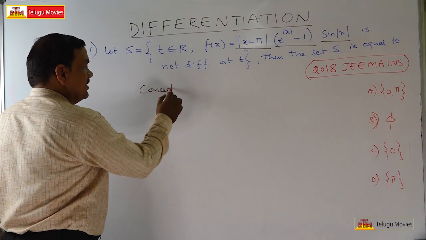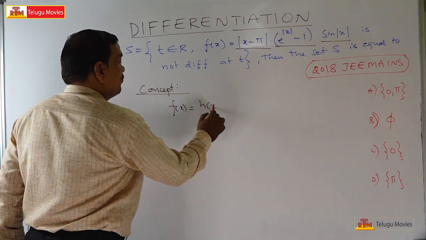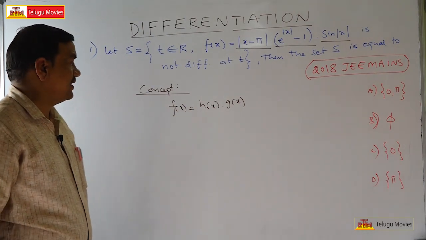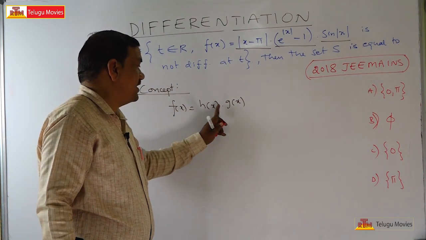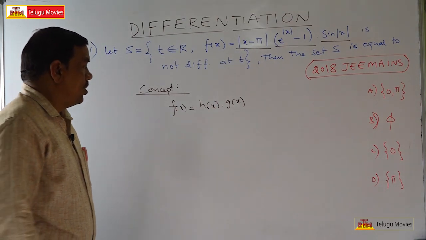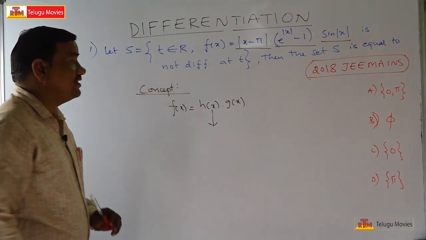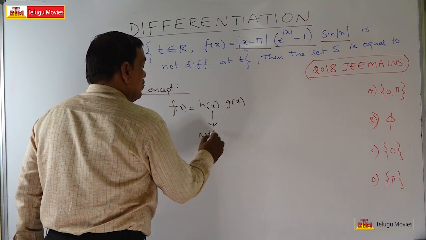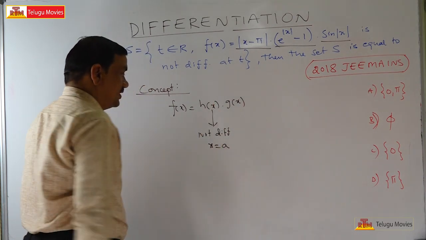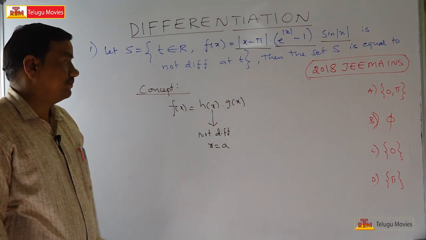What is that concept? If there is a function which is a product of two functions or three functions or four functions, whatever it may be, f of x is equal to h of x into g of x, a product of two functions. First, the function h of x is not differentiable at x is equal to a.